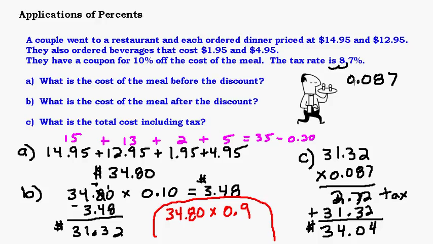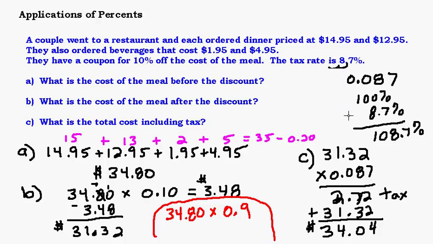Again, with the 8.7% tax, if you think of what you have to pay as 100%, and then you're adding 8.7%, you're having to pay 108.7%. I'm running out of room here. I'm going to get rid of this waiter. See you, waiter.